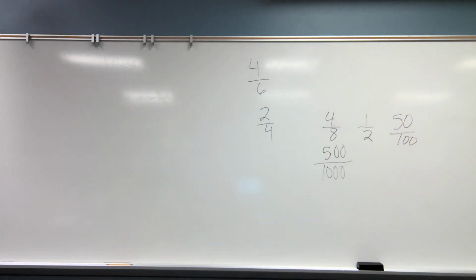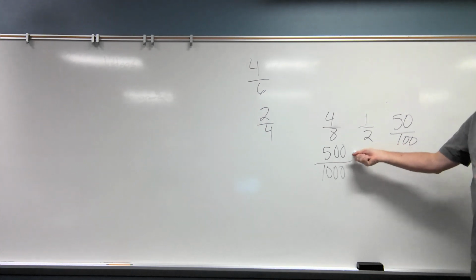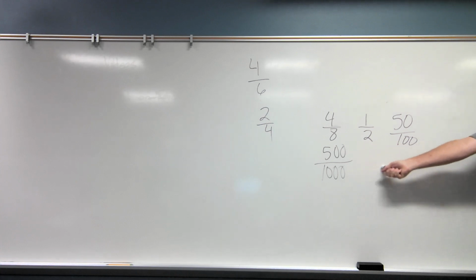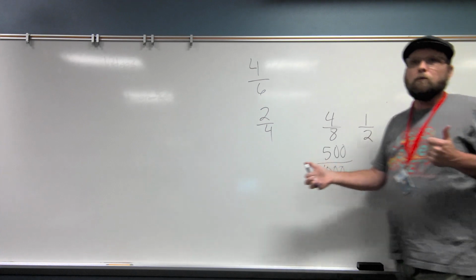To make sure that a number is equal to 1/2, you take the numerator and multiply it by 2. Okay, so we could take the denominator and divide it by 2, and then these should be equal.